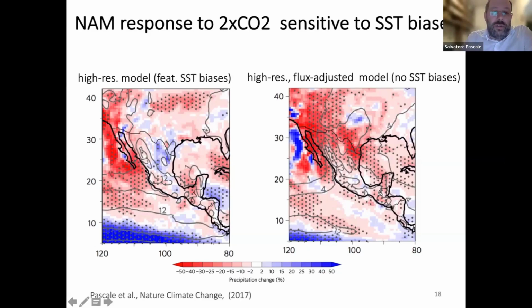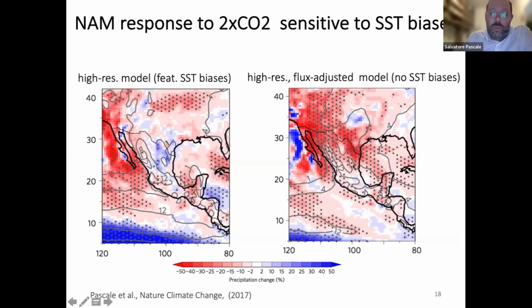In the first one, we ran the coupled model as it was, and in the second one, we removed sea surface temperature biases through flux adjustment. So you can think of a simulation with a model which develops biases and another one which does not. In the two cases, we saw a strong difference in the response of the North American monsoon. In the biased version, there was not an overall reduction.